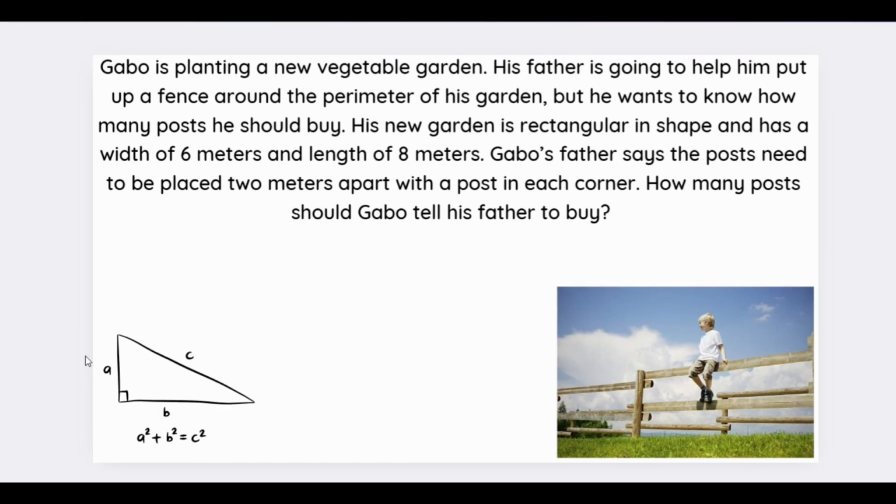Well, as with most problems, there's our question. Generally, you'll find it right at the end. It's usually the last sentence in the paragraph. So he wants to know how many posts his dad is going to need to pick up.